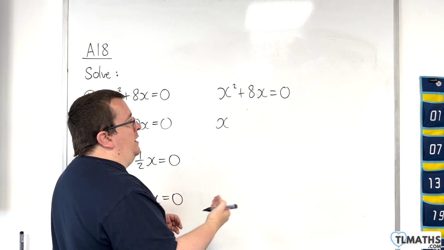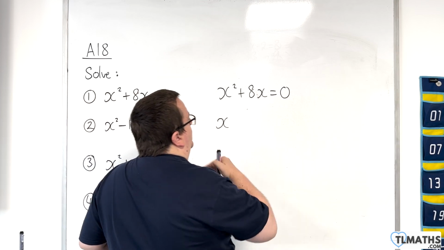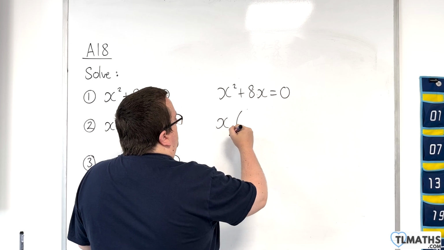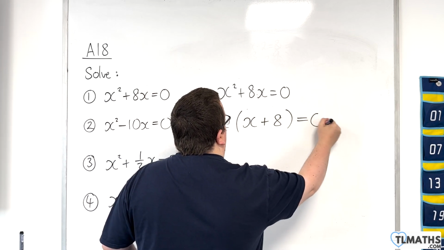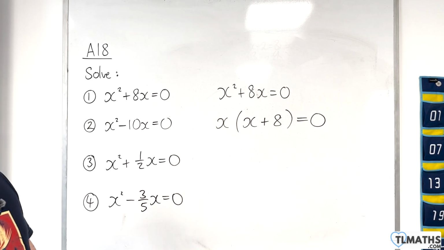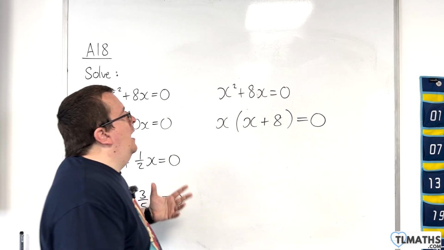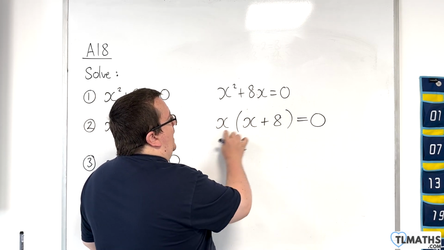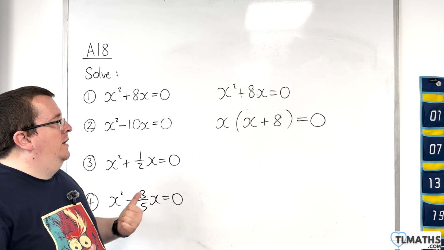We've gone through videos on factorising already in previous sections, so I'm not going to go through it laboriously again here. We're going to open up a bracket and we'll have x plus 8 inside the bracket. Just double check that this has worked by expanding the bracket in your head. x times x makes the x squared, x times 8 makes the 8x. So yes, the factorising has worked, that is correct.